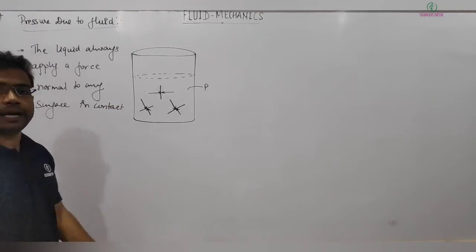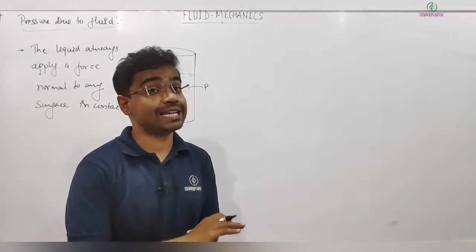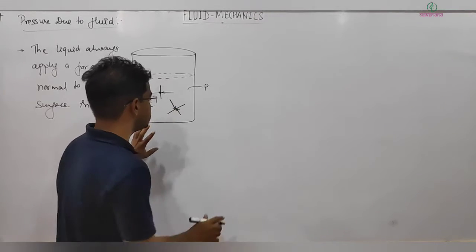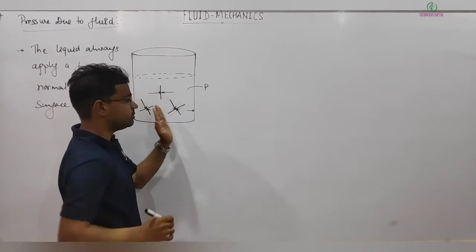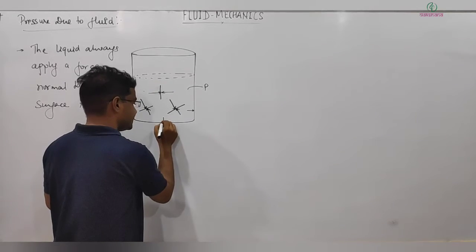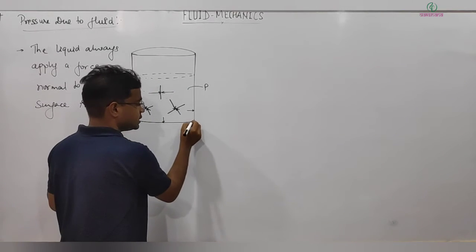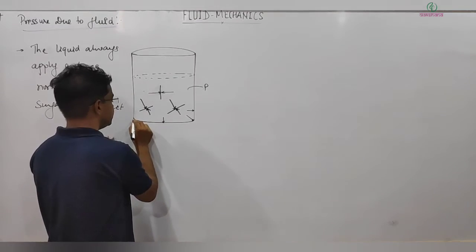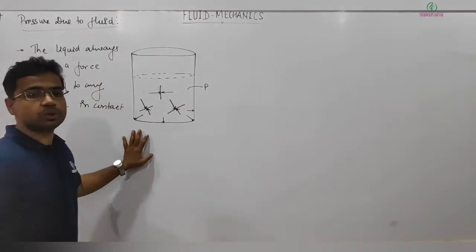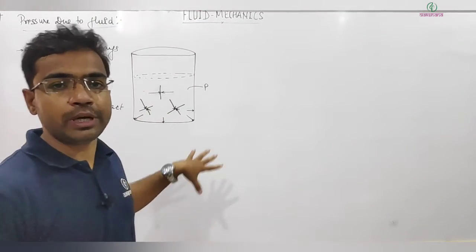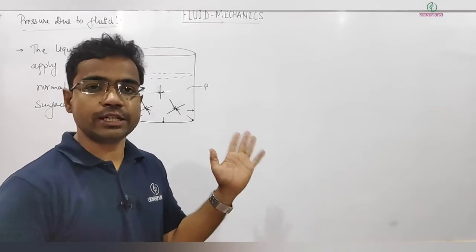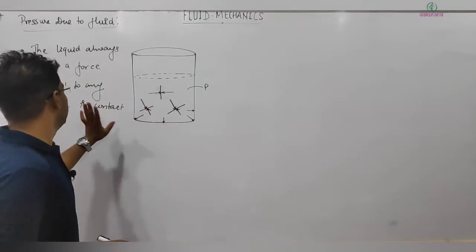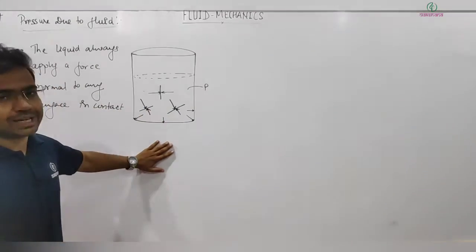It cannot apply force to any surface at any angle. So if I talk about the force or pressure at this wall, it will be normal to it. Pressure at this point will be normal to it, and at this point also. This is the basic property of a fluid: whatever the surface the fluid is in contact with, it will always apply force normal to that surface.